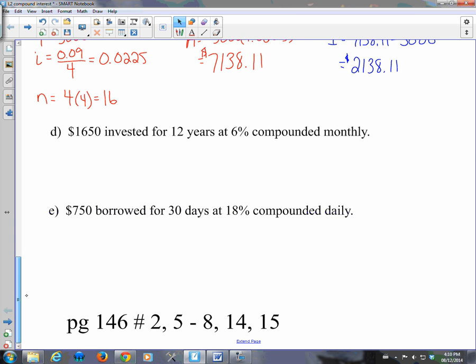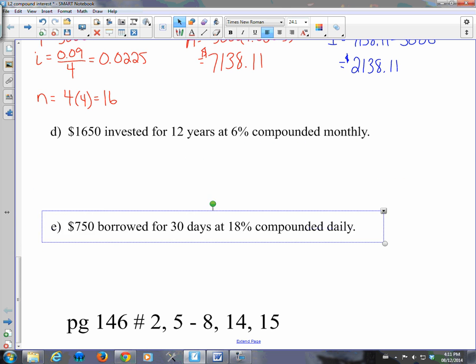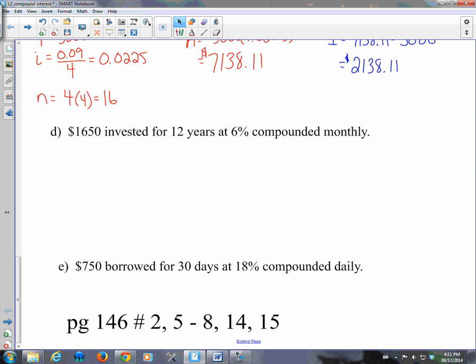And if we look at another example with a different compounding period, compounded monthly means 12 times each year. So we've got to remember to adjust our interest and our n and our time frame. Principal, $1,650.